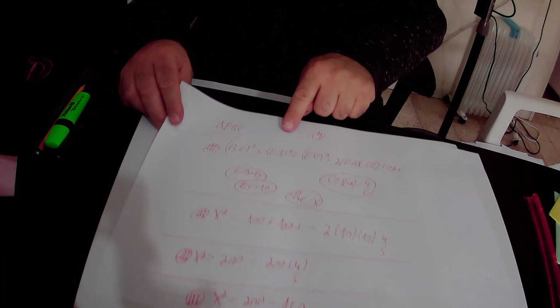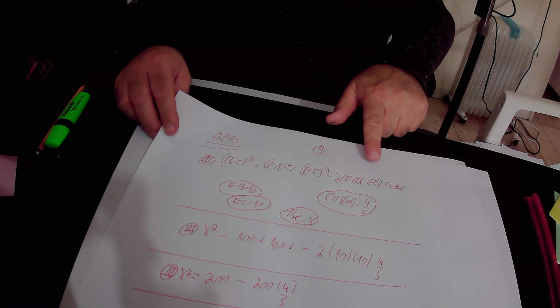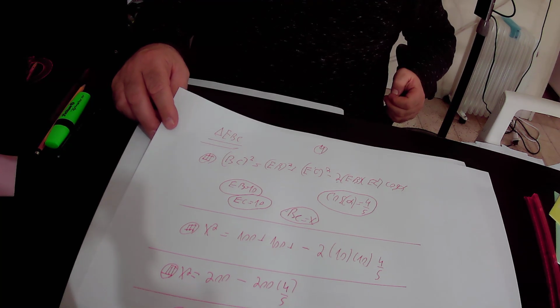Again, BC squared equals EB squared plus EC squared minus 2 times EB times EC times cosine alpha.